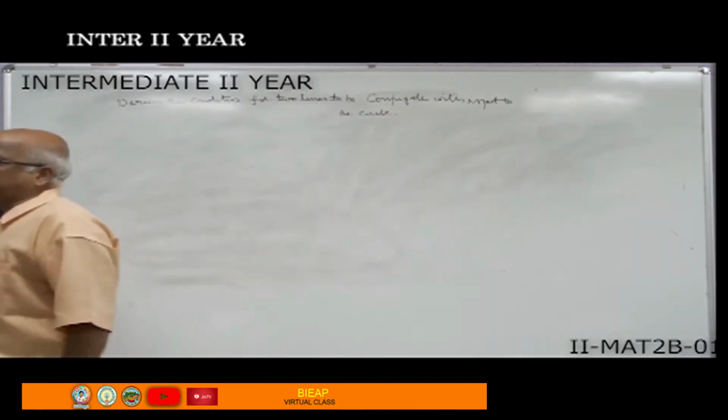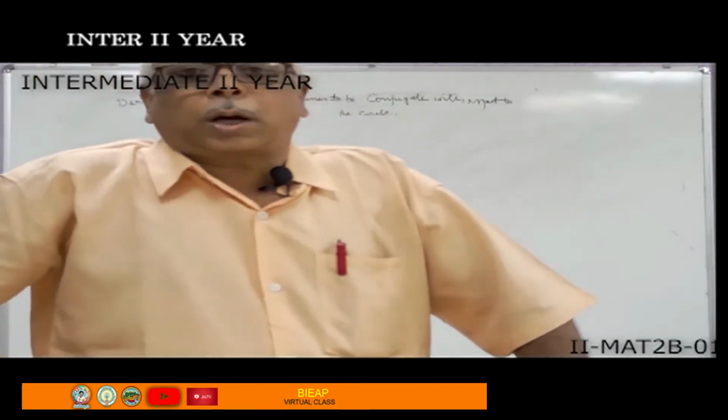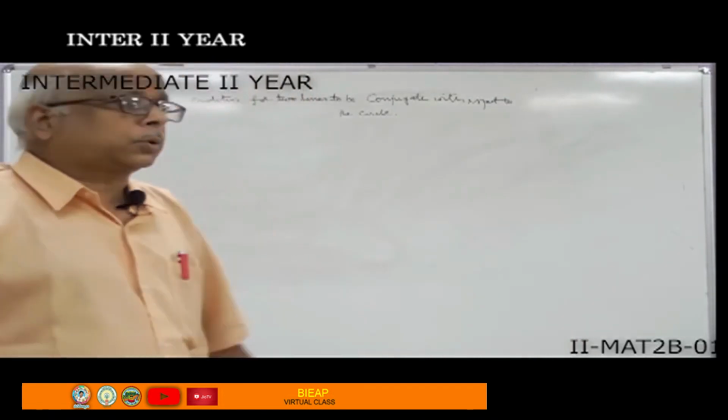That means two lines are given and one circle equation is given, and whether those two are conjugate lines or not, we have to decide.